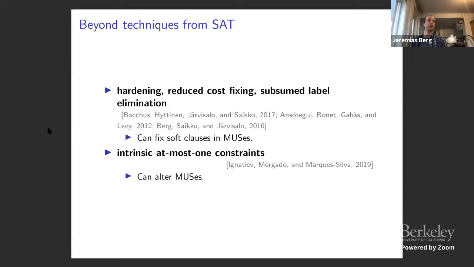The hardening that we talked about, the reduced cost fixing, and a technique of my own which we call subsumed label elimination, can fix soft clauses that are parts of MUSs to harden them, so force them to be satisfied. And then there's also this technique that the authors called intrinsic at most one constraints that can actually alter the MUSs of the formula. And that has been shown to be very effective, implemented in the MaxSAT solver called RC2.